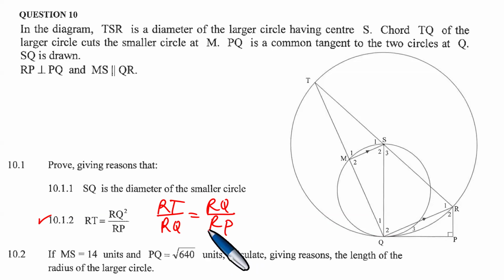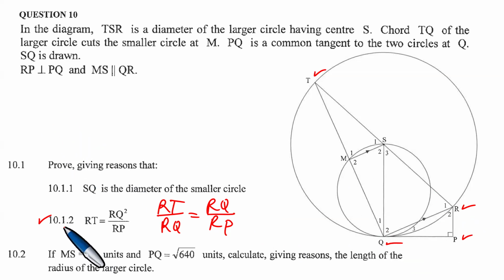But what triangles does this describe? You look at RT, here is R and here is T, and then you are looking at RQ as well. So RT and RQ describe a triangle, and we state that explicitly. But there is also RQ and RP, so it also describes the triangle RQP there.